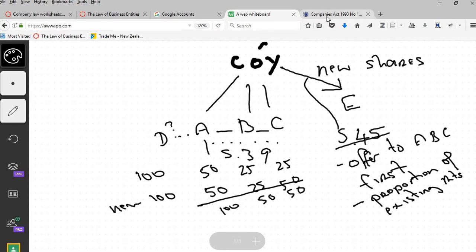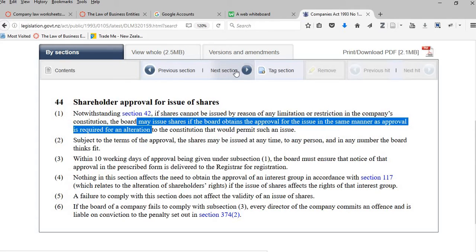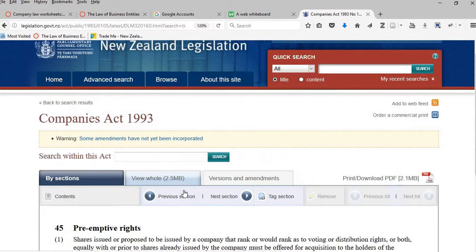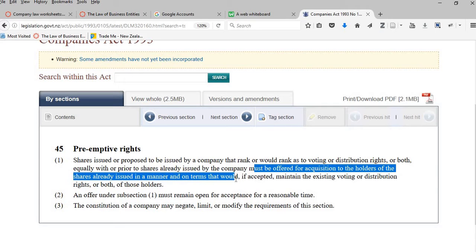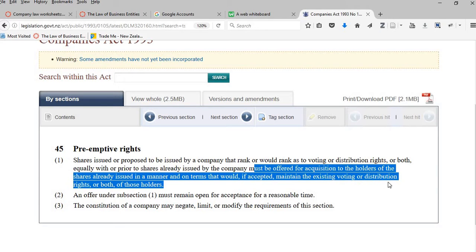Now we're getting that from section 45, and you can see the wording. Shares issued or proposed to be issued by a company that would rank equal or to voting or distribution rights, just jump over there for the second, must be offered for acquisition to the holders of the shares already issued in a manner that would maintain the existing voting or distribution rights.